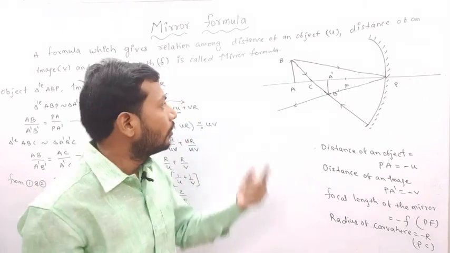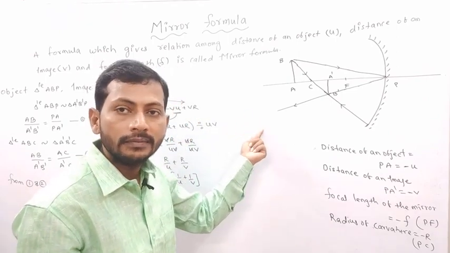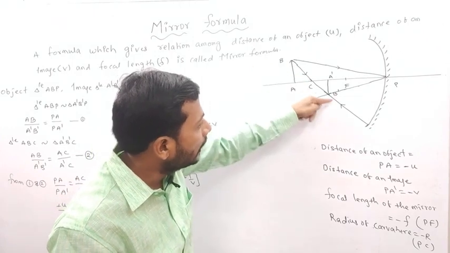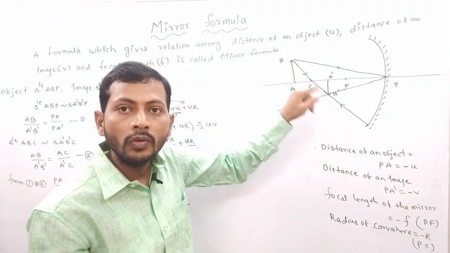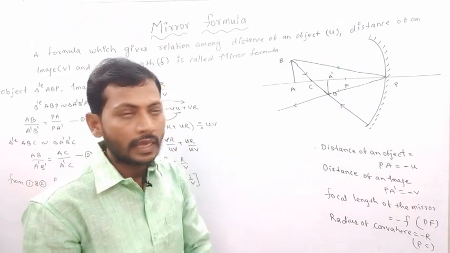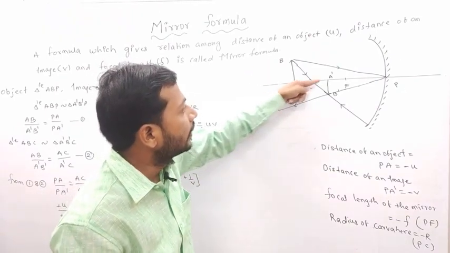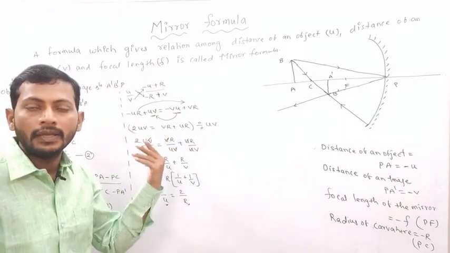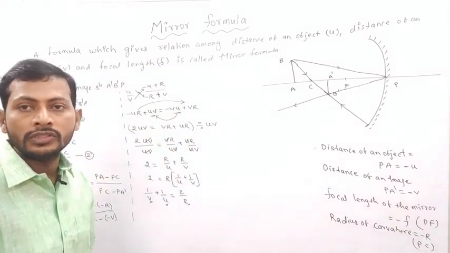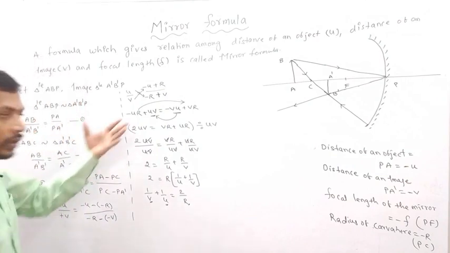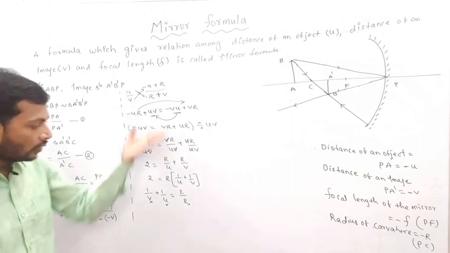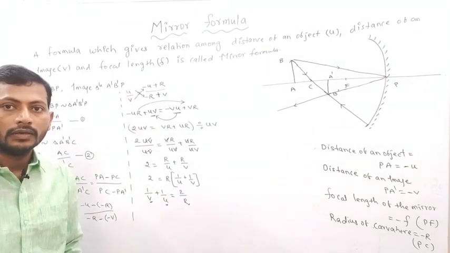Second, when you want to give a relation between object to mirror and image to mirror, you have taken the two triangles ABC and A dash B dash C. By applying the rule of similarity, you got two equations, and by solving the two equations you lastly got the mirror formula.